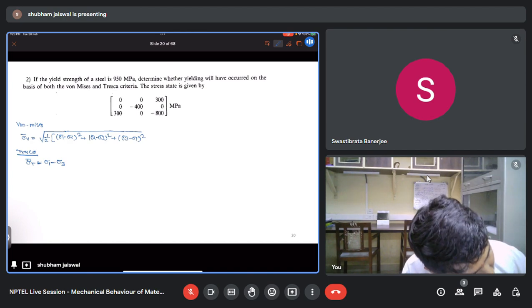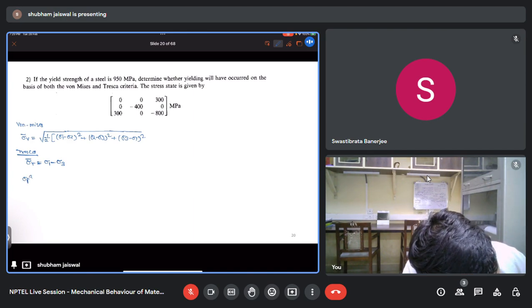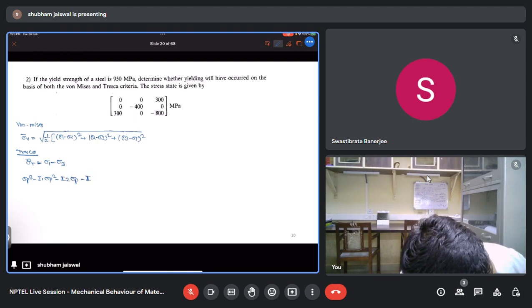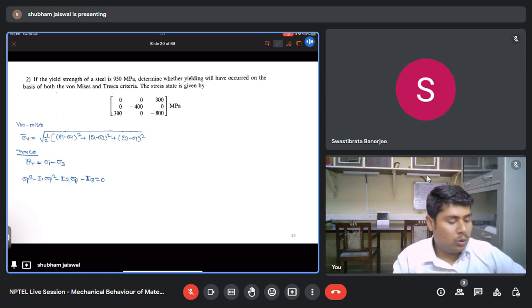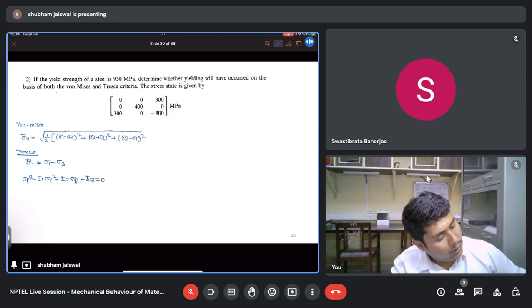For that I will use the equation sigma_p cubed minus I1 sigma_p squared minus I2 sigma_p minus I3 equal to 0. Here I1, I2, I3 are the invariants. I1 is nothing but sigma x plus sigma y plus sigma z.